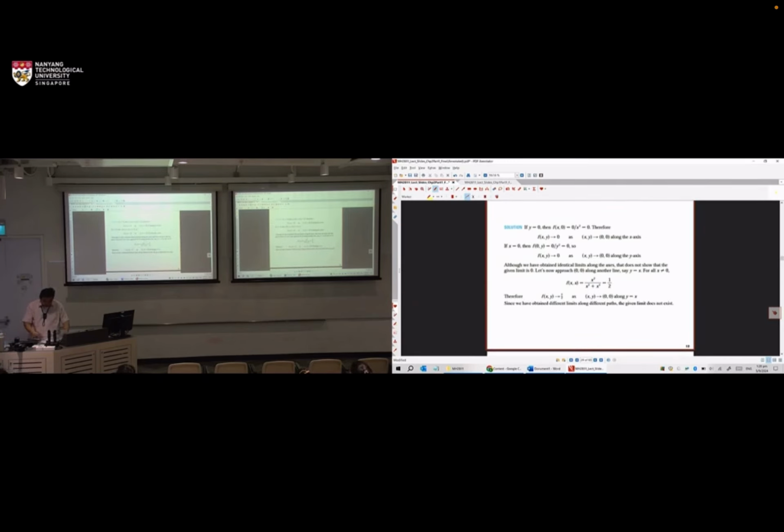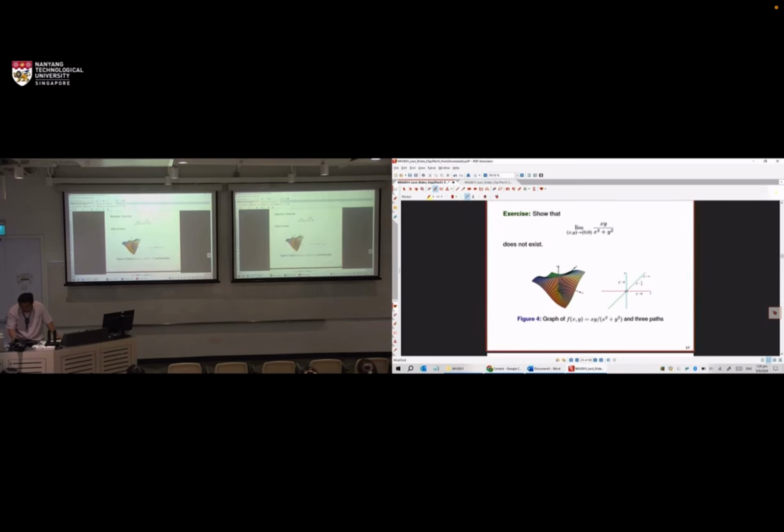If y equals 0, which means your x-axis, you sub y equals 0 into your question here.